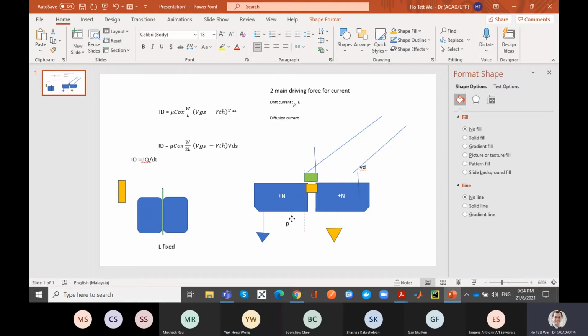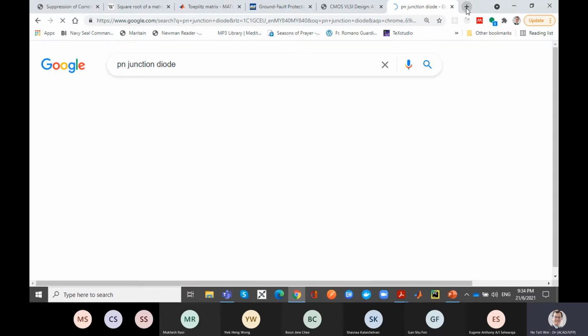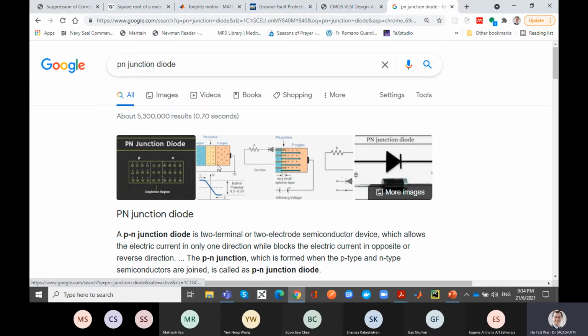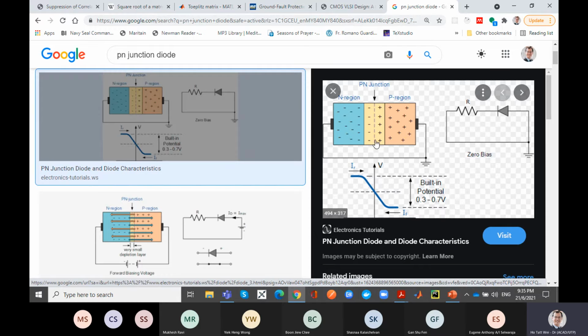No, when I have a p and an n, it's a diode, correct? P-type and n-type, you get a diode. Right? Your basic physics. When I have an n-type region and a p-type region, I have a diode, right? This is a diode. You remember this?